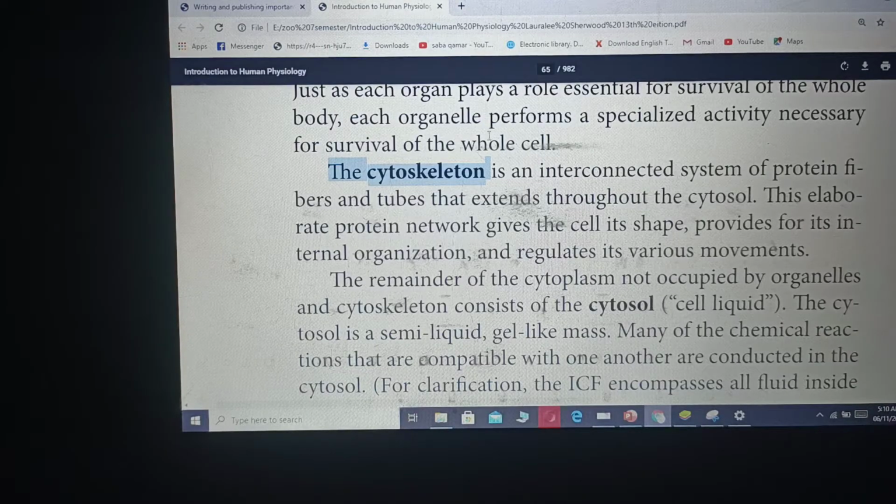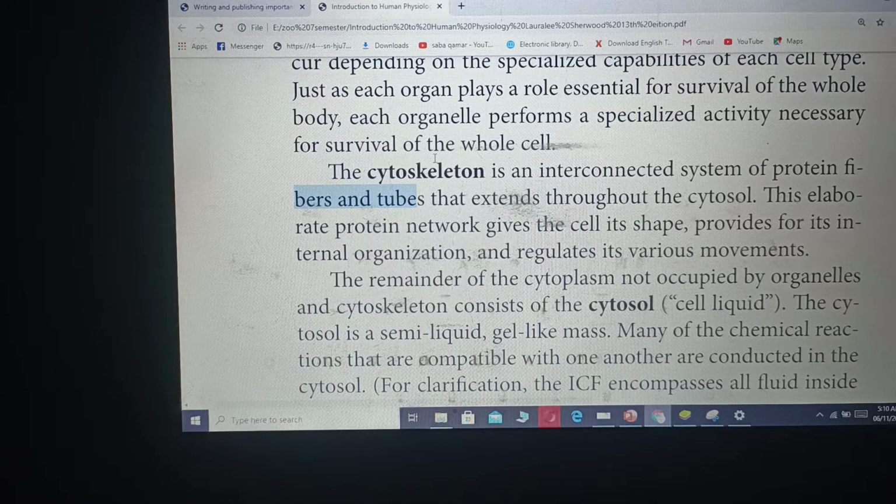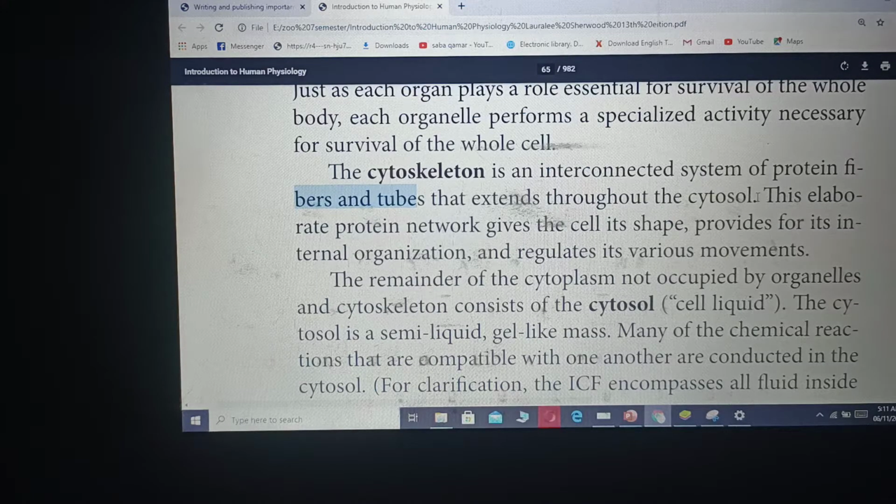Cytoskeleton is an important component of the cell, and it is a network or interconnected system of protein fibers and tubes. So what is cytoskeleton? Cytoskeleton is the interconnected system of proteins, fibers, and tubes that extends throughout the whole cytosol.